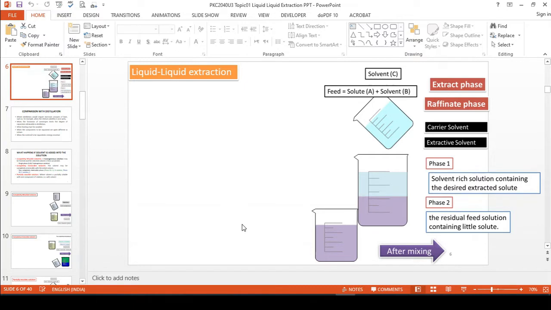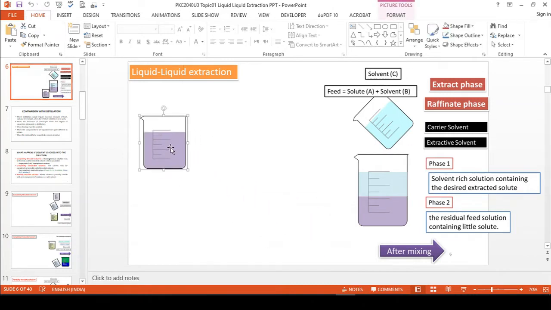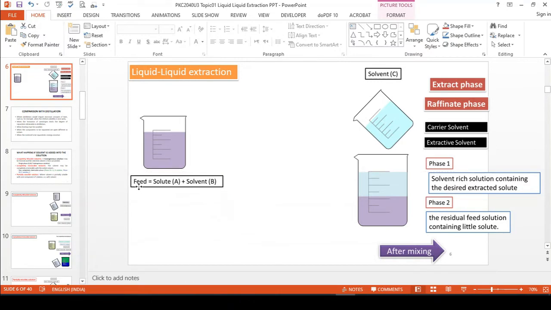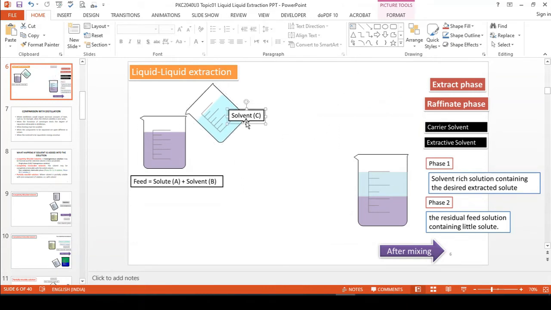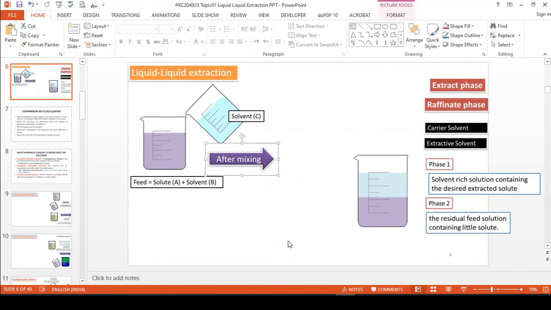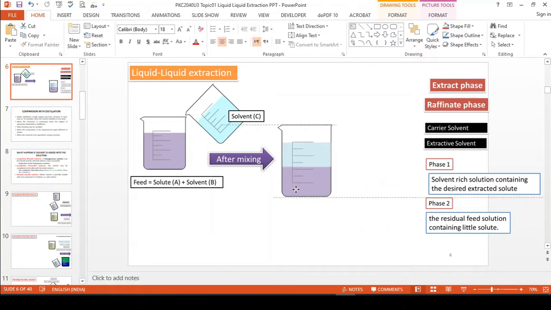Liquid extraction process can be explained by this diagram. Say for example, we have a solution that is our feed, in which solute A and solvent B are there. Then we have to add a next solution, or you can say solvent, that can be denoted by C. After adding, we have to go through thorough mixing.